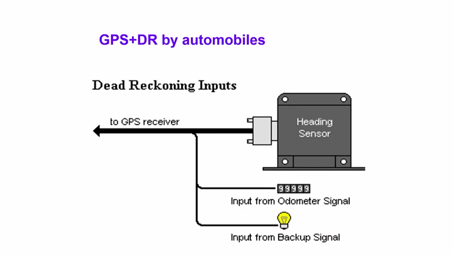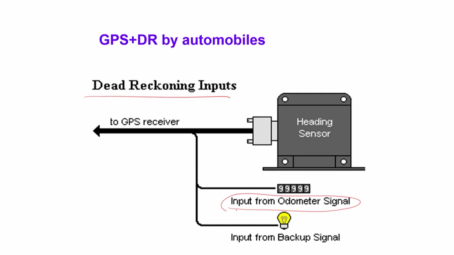Now, another possibility of local measurement is dead reckoning inputs. Dead reckoning is particularly important when we drive our car and let us say at a certain location there is no Google map available. We call such locations a GPS denied atmosphere. In such cases, there is a heading sensor that senses the input from the odometer.